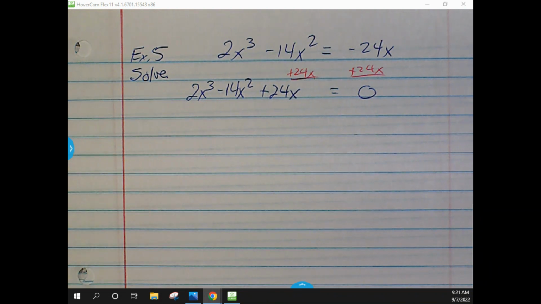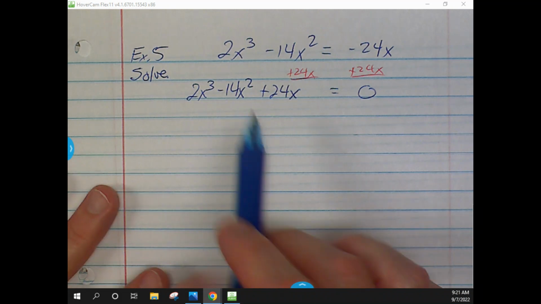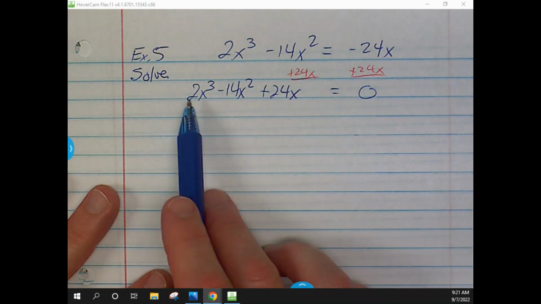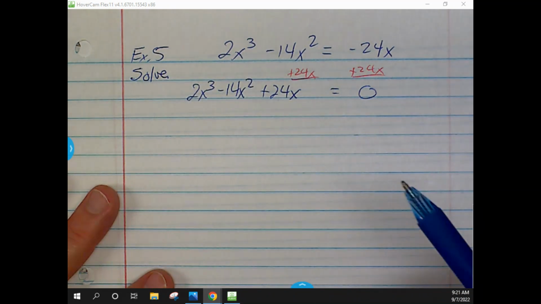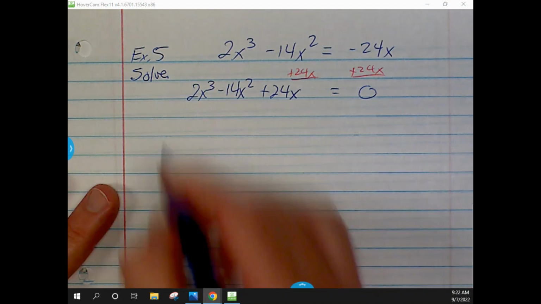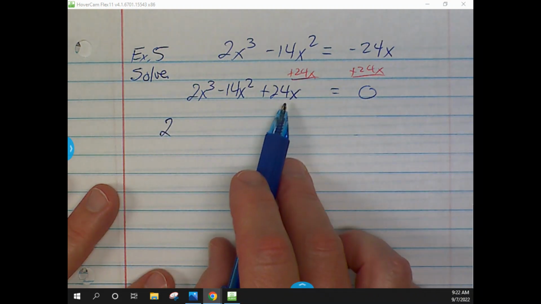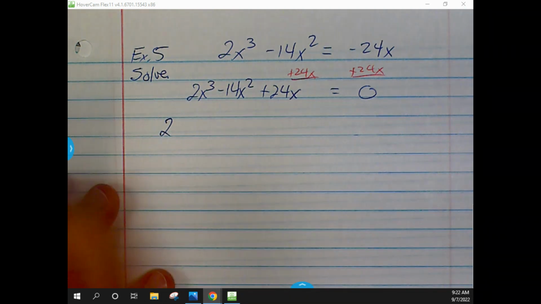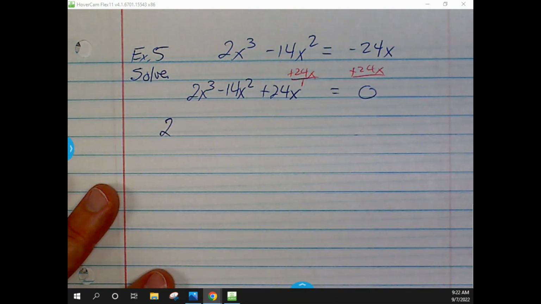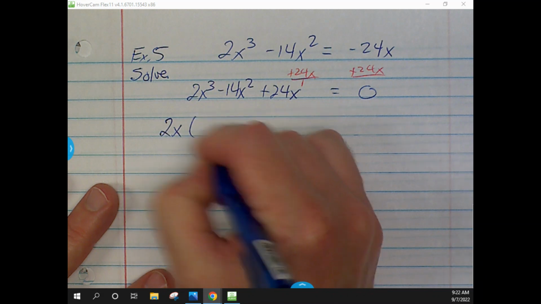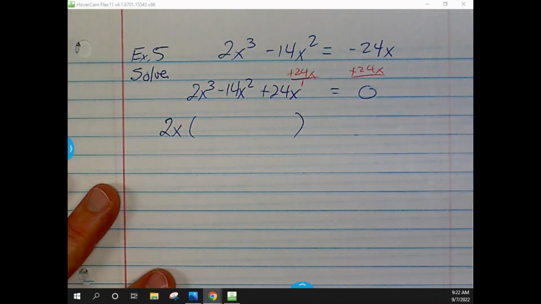The first term is not 1. But before we do the a times the c in this case, if you notice they're all even, right? So we're looking for greatest common factor, which is 2. They all have an x, right? So you got x3, x2, x1, basically. So take out the smaller amount of x's, that would be just an x to the first. And then tell me what you got left over.